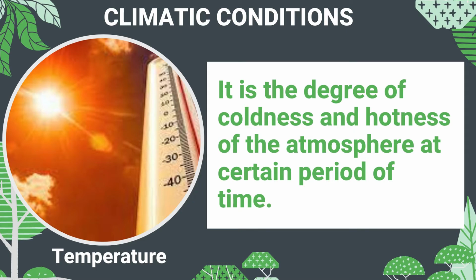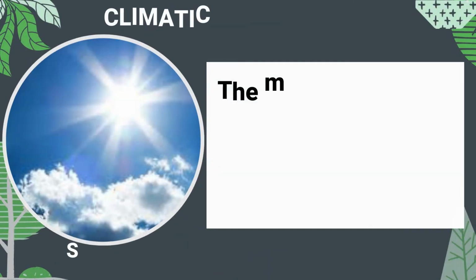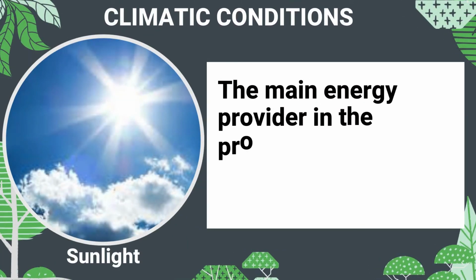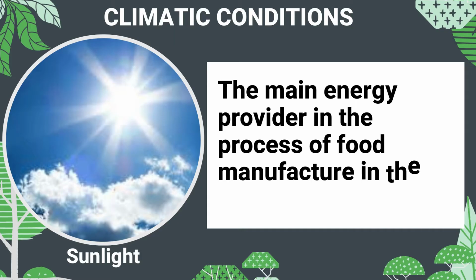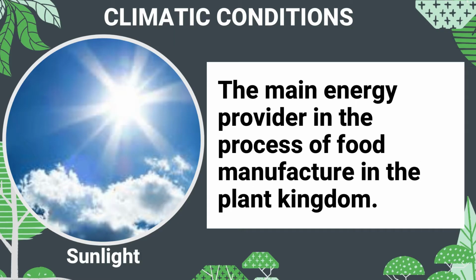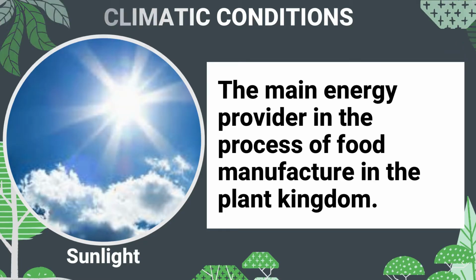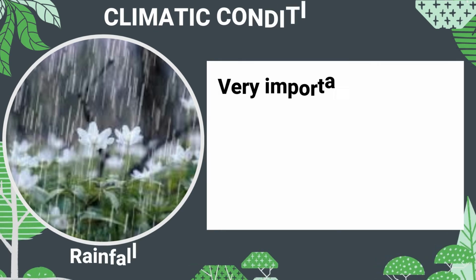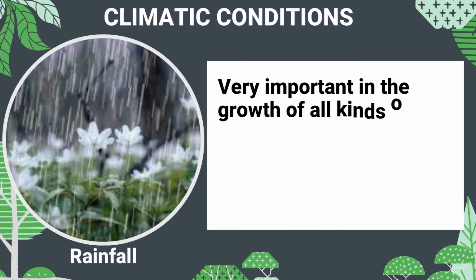Temperature is the degree of coldness and hotness of the atmosphere at a certain period of time. Sunlight is the main energy provider in the process of food manufacture in the plant kingdom. And we have rainfall.